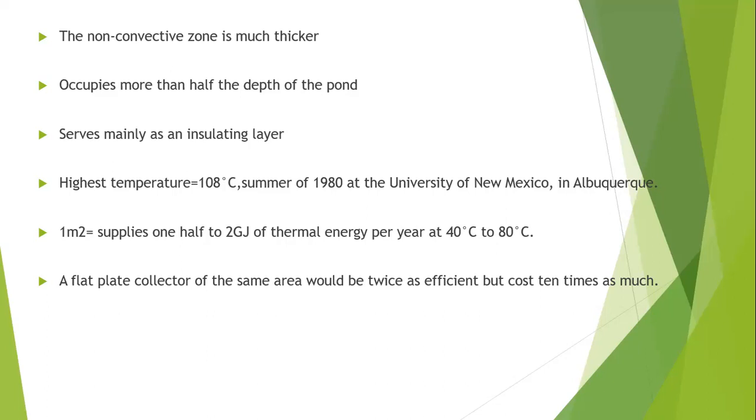It serves as the main heat collection zone and also as a thermal storage medium. The deeper the zone, the more heat is stored. And the lower zone traps heat for long periods, damping the effects of daily and even seasonal changes.